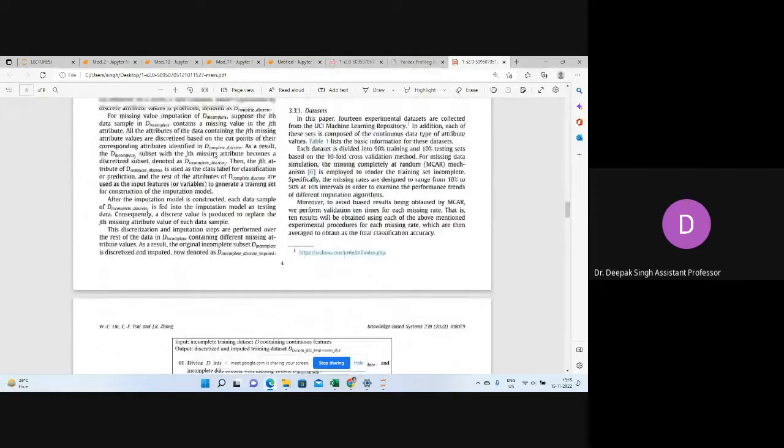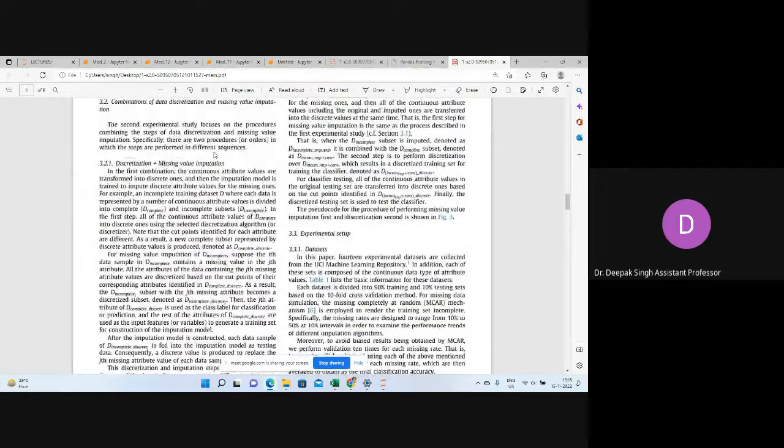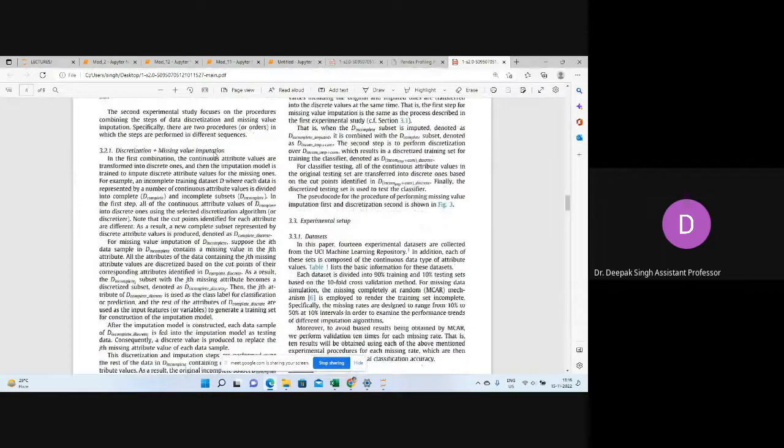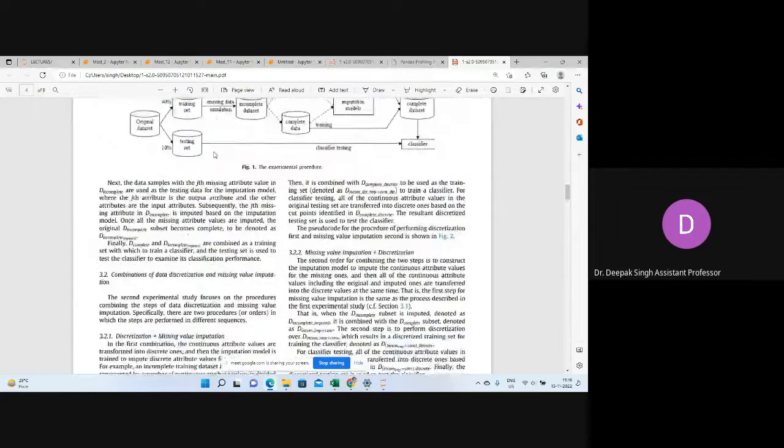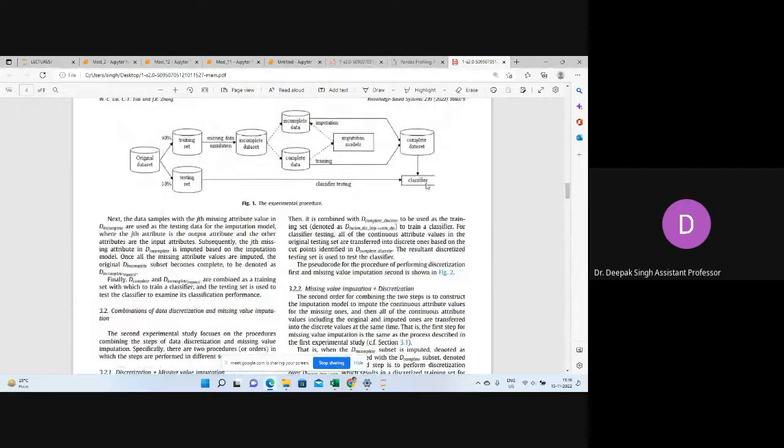See, DBN and what was the other one? The multi-layer perceptron. Both the algorithms are used for imputation, they are not used for the classifier. Here you have a classifier, meaning after the data set completion, you have a complete data set which is not carrying a single missing value, generated from DBN and multilayer perceptron.